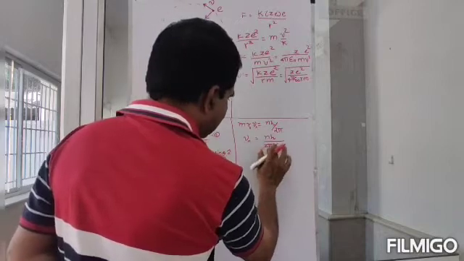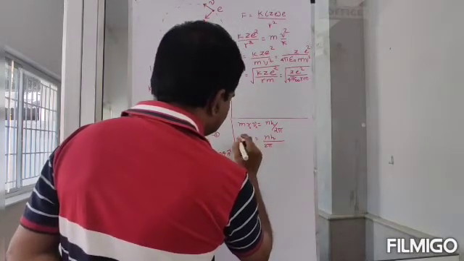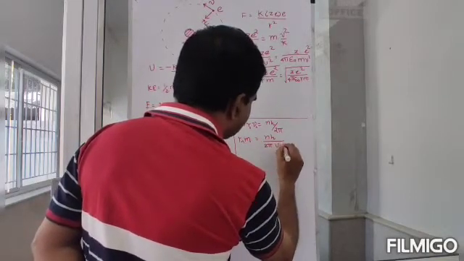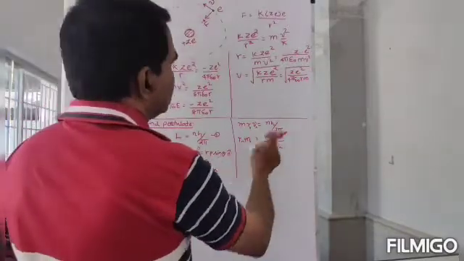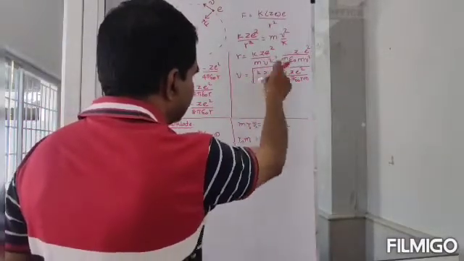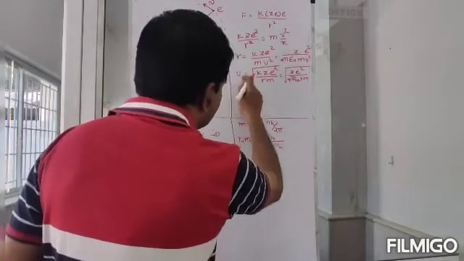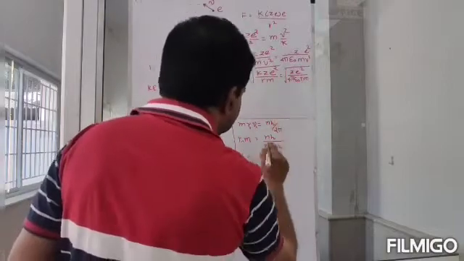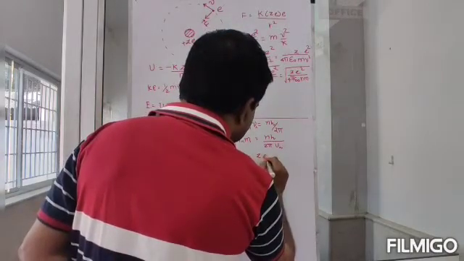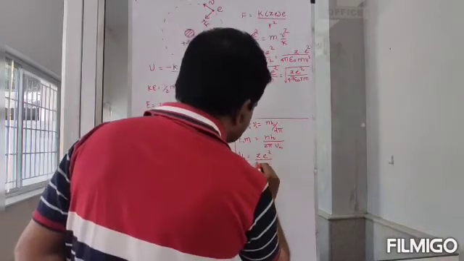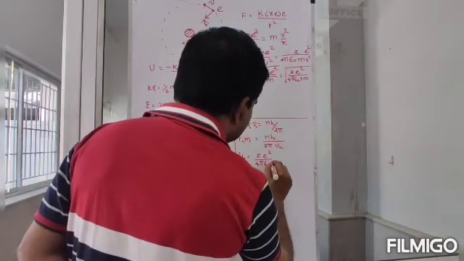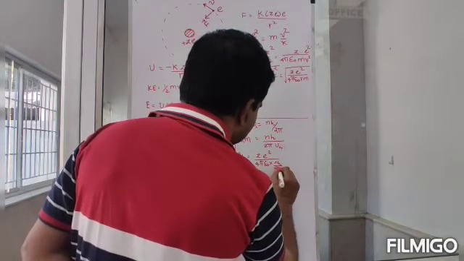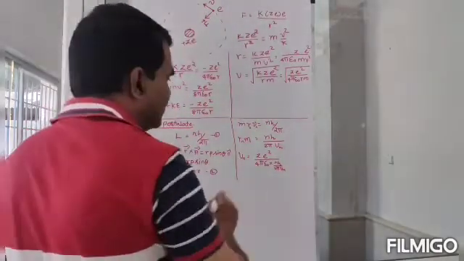If I substitute that here, Vn is equal to Z e squared by 4 pi epsilon naught into nh by 2 pi Vn.